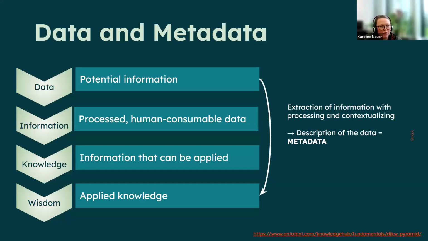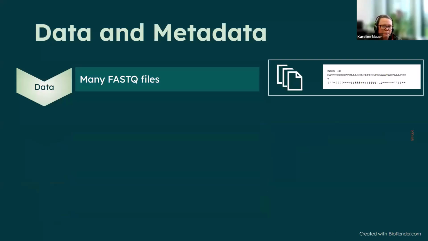This is a very abstract example, so I brought an example from my field of research. I am working in omics medicine or biomedicine. I hope you know what FASTQ files are, but if you don't, we can have another example at the end of my talk.